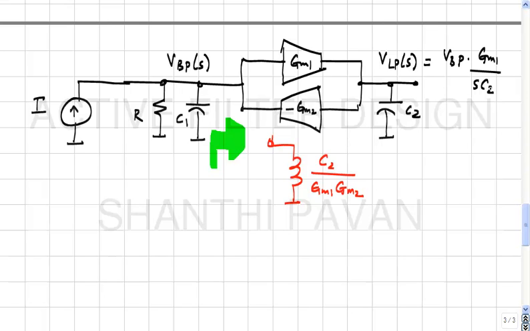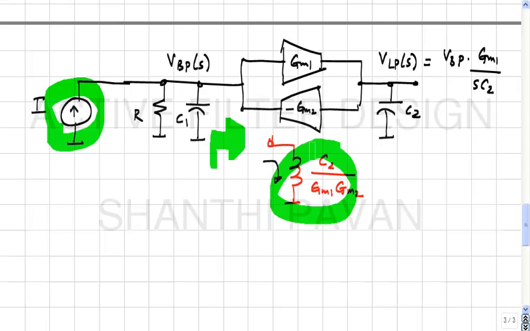Now, can you comment on this? If this was truly an inductor, if in fact I didn't have this network and I had actually put in an inductor of value C2 by GM1 GM2, what kind of transfer function do you think I will get from I to the inductor current?